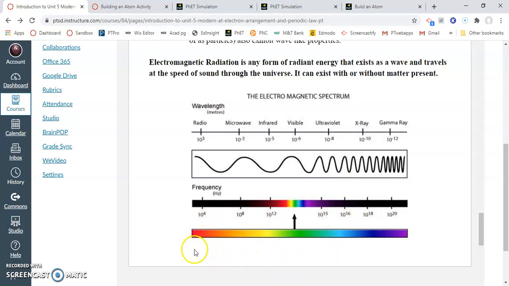If we put another layer here of energy, we would say that energy goes up as wavelength goes down, or energy goes up as frequency goes up. And the visible light spectrum is this very, very narrow band of electromagnetic radiation in the middle of all these different waves, from radio to microwave, all the way through X-ray and our gamma rays from our nuclear decay.